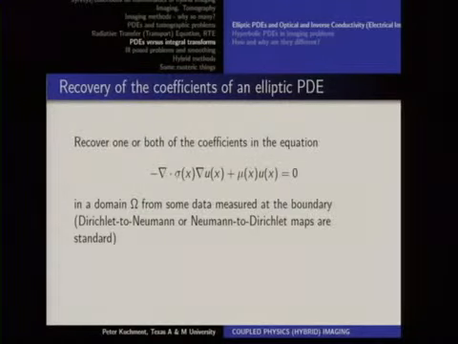In optical tomography, this mu is the so-called absorption coefficient. It shows how much light is absorbed, and instead of sigma, it's the so-called diffusion coefficient. And you want to find both. In both cases, this equation lives inside of your domain, and all measurements you're allowed to do are on the boundary. For instance, these Dirichlet to Neumann or Neumann to Dirichlet maps that you just heard about.